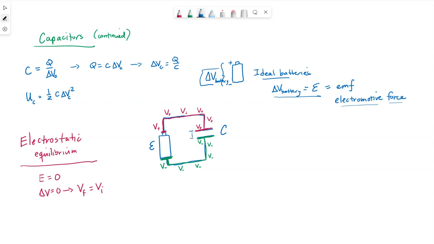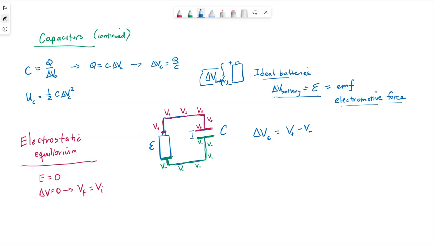The difference in potential, the delta V, for this specific capacitor, having just one capacitor, is equal to that V positive minus V negative, just in terms of magnitude.